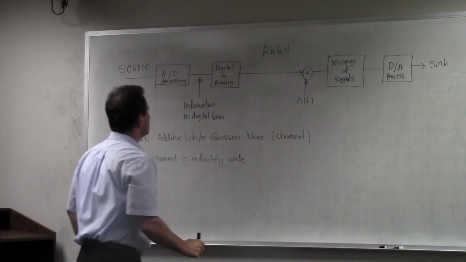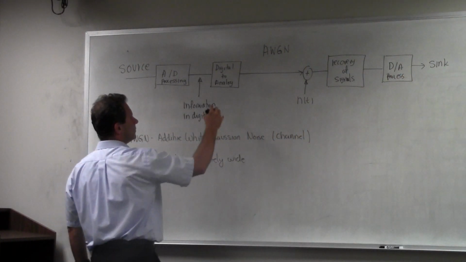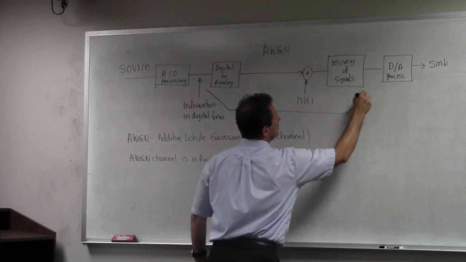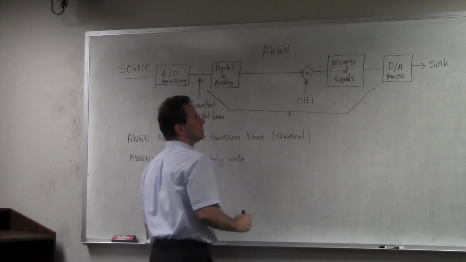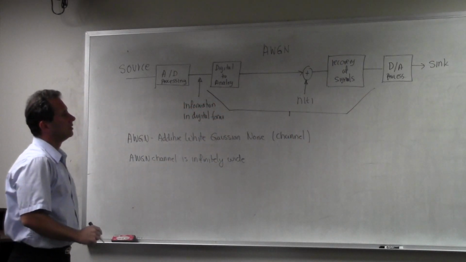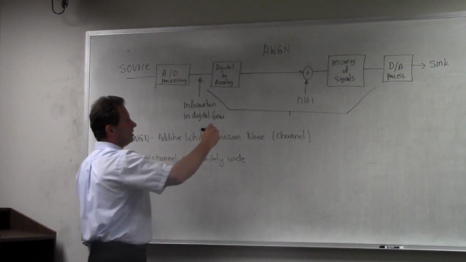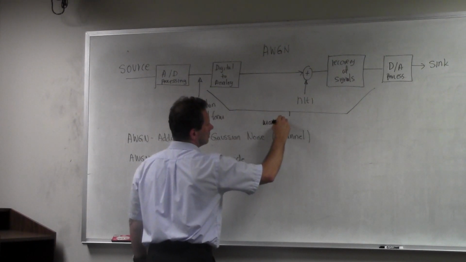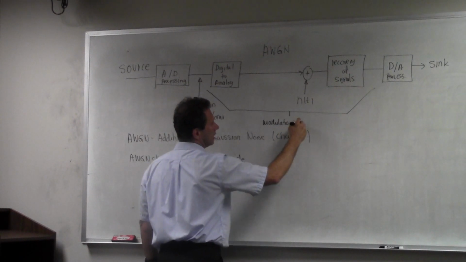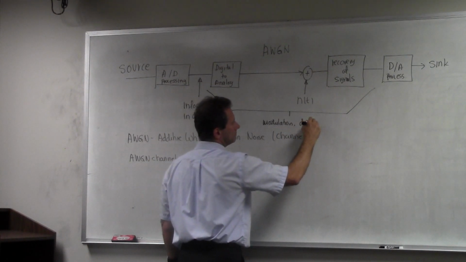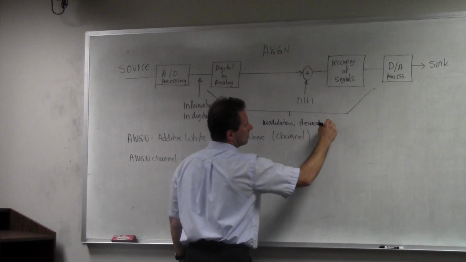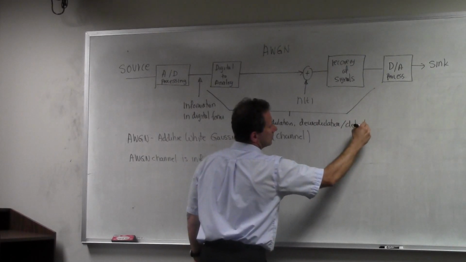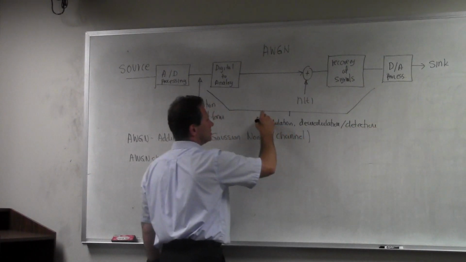Now, what our concern here in the next few lectures is going to be is from here to here. So this is what we're going to be analyzing, and it will include essentially modulation and demodulation/detection in the presence of noise.